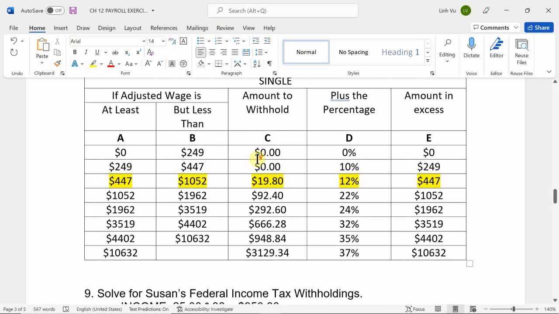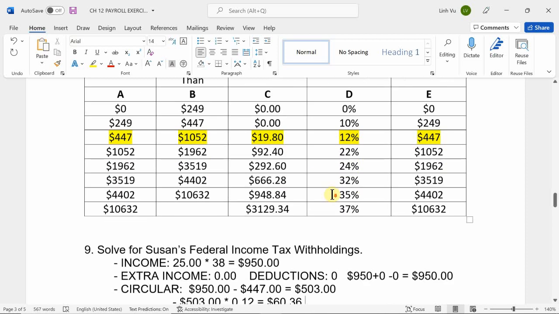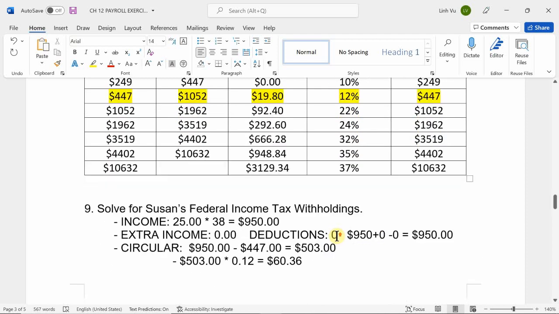What is column C? 19.80. Okay, what are you gonna do with that number? Add 60.36 and 19.80. We got 80.16.